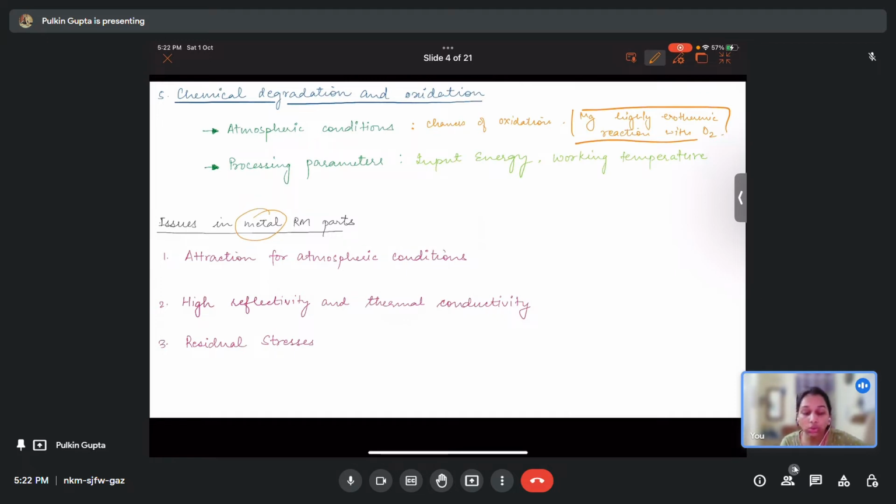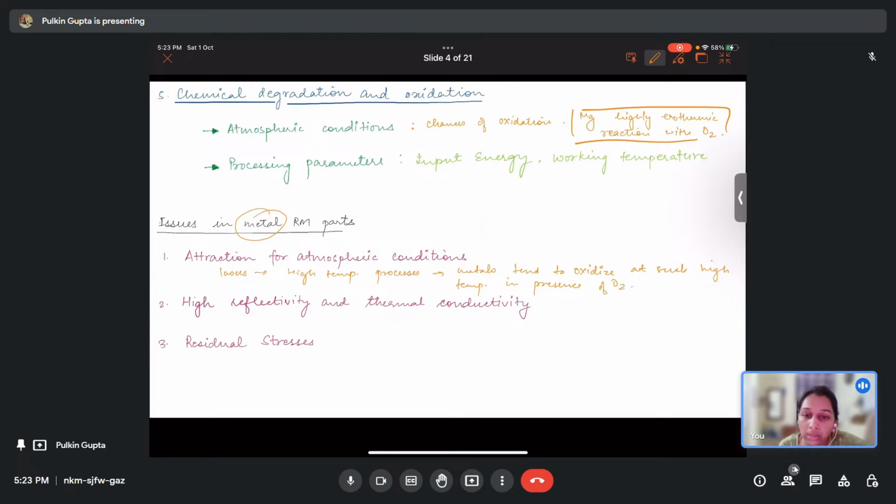And as you know, these powder based processes, specifically processes using lasers, are very high temperature processes. So these metals tend to oxidize at such high temperatures in presence of oxygen.